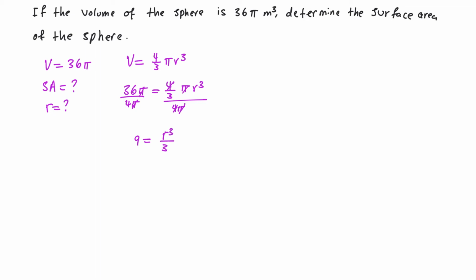Now, again, I'm still trying to isolate for r, which is right here, and it's being divided by 3 right now. So to get rid of that, I will multiply both sides by 3. And I will get r cubed is equal to 27. So I have to cube root both sides.